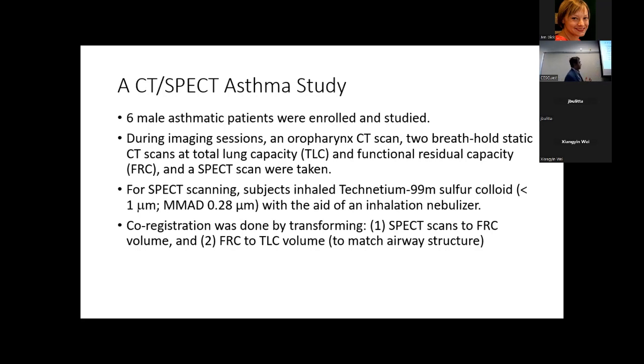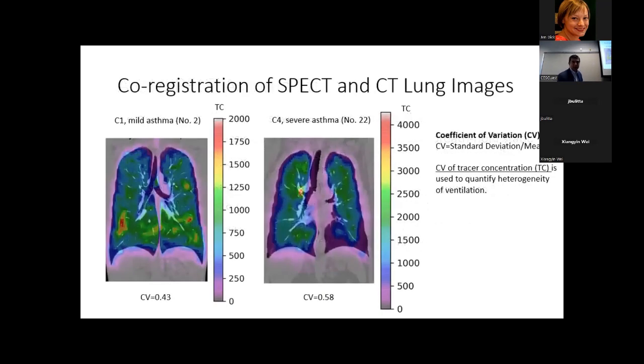Then we co-registered SPECT and CT images. So here is a result of co-registration of SPECT and CT lung images. On the left-hand side is the mild asthma. Right-hand side, severe. Here we define the coefficient of variation. It's the ratio of standard deviation over mean.